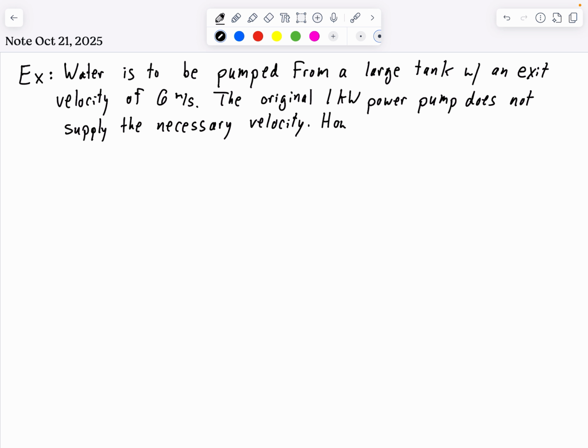The question is, how much power W dot must a second inline pump supply?